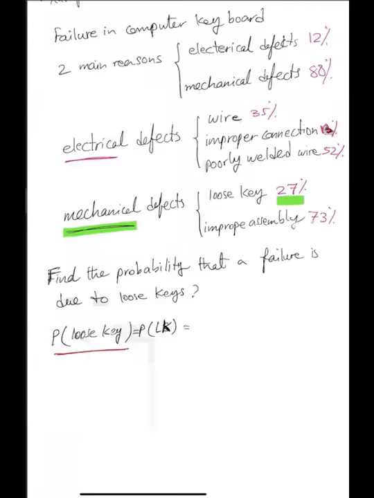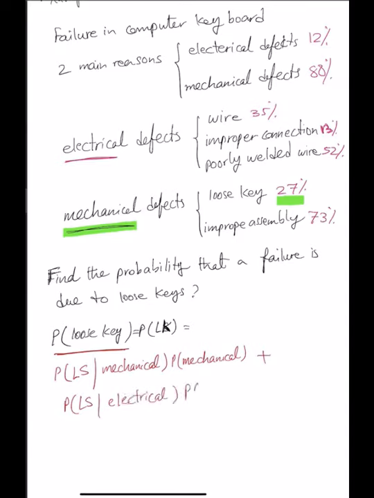So if I'm going to use the total probability rule, I can say that this is equal to the probability of loose key given the defect is mechanical, multiplied by the probability of mechanical, plus the probability of a loose key given the defect is electrical, multiplied by the probability of the defect being electrical.